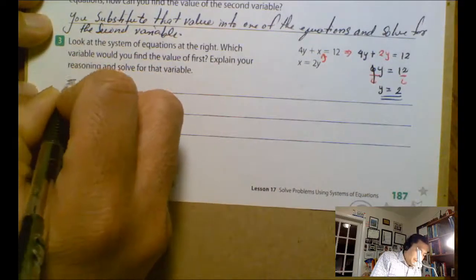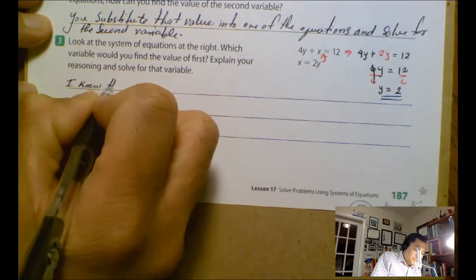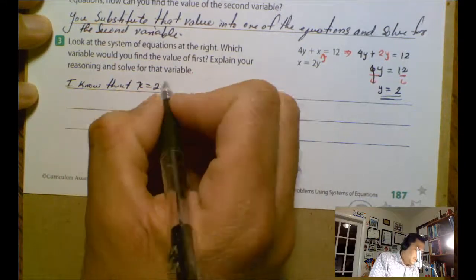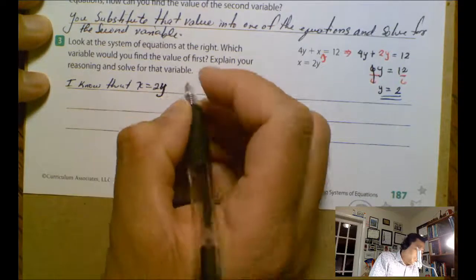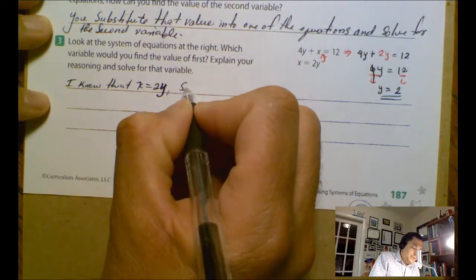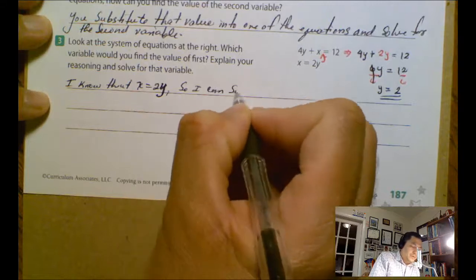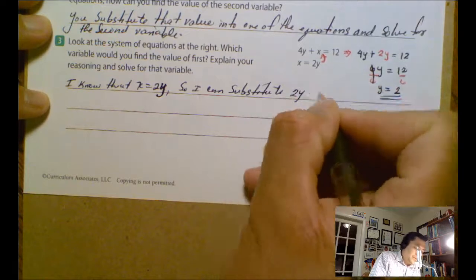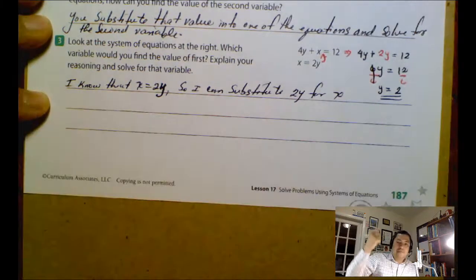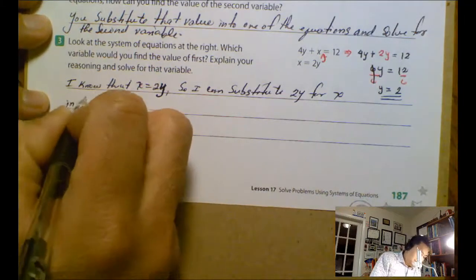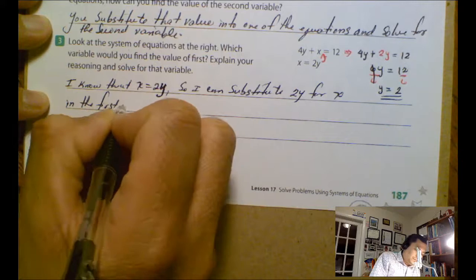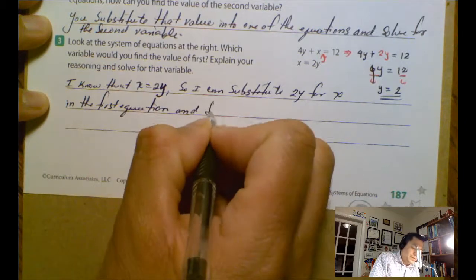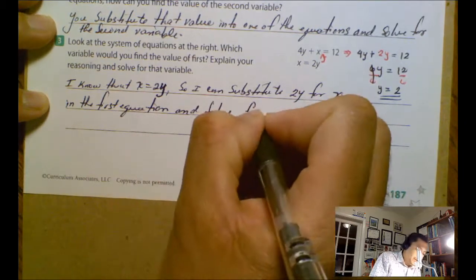I know that x is equal to 2y, so I can substitute 2y for x in the first equation and solve for y.